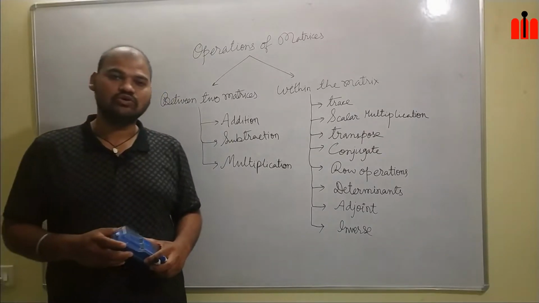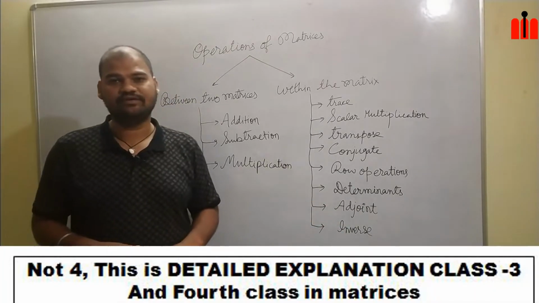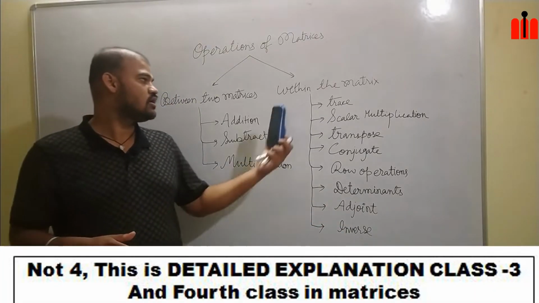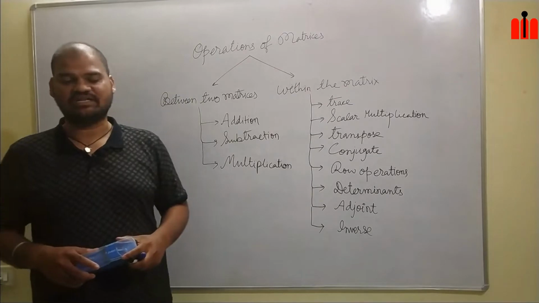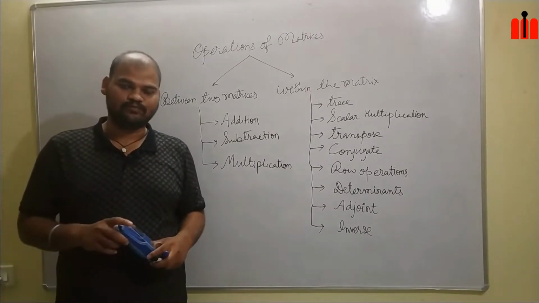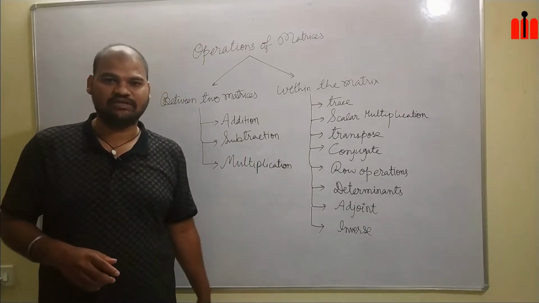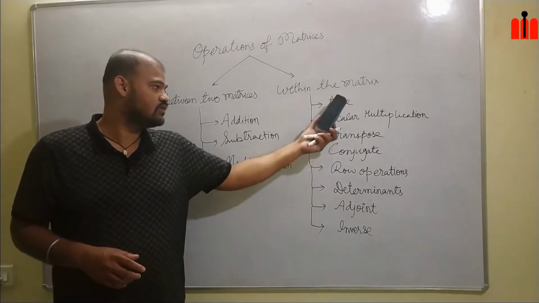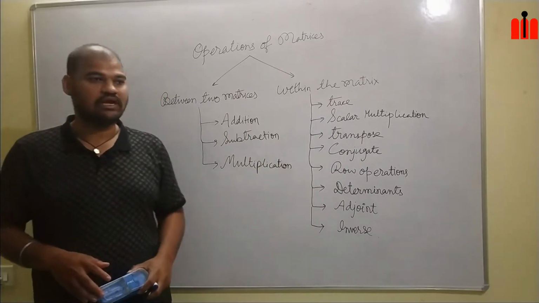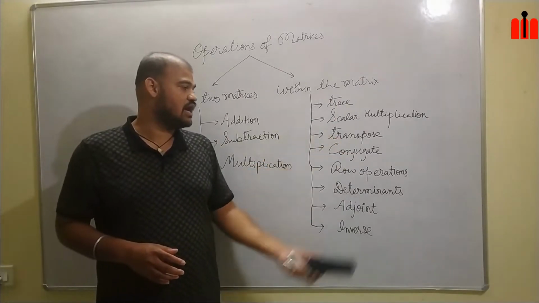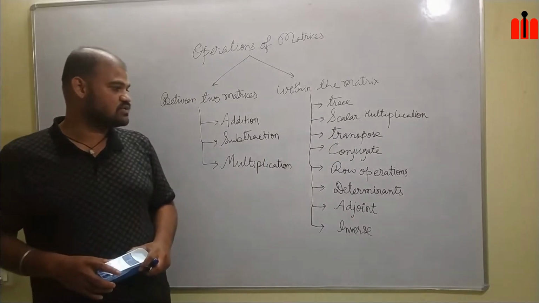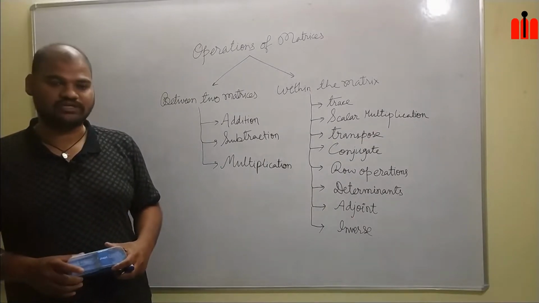So these are the 8 operations which are possible within the matrices. In our previous detailed explanation class, we had completed the first 5 operations, that is trace, scalar multiplication, transpose, conjugate and row operations.